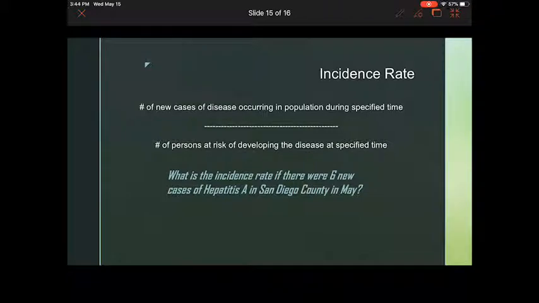You put that on the bottom and 6 on the top, you get a really small number, you times it by 1,000, and your final incidence rate is 0.002 per 1,000 people. I'm telling you, these rates for hepatitis are quite small, but yet we consider it an epidemic because it was so much greater than what we commonly experience in San Diego County.